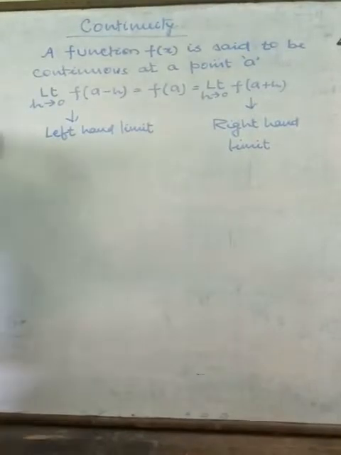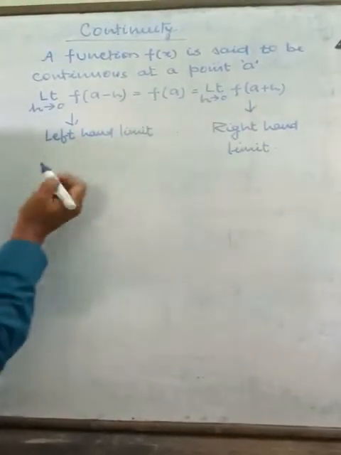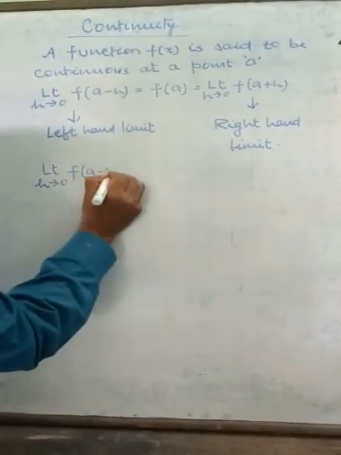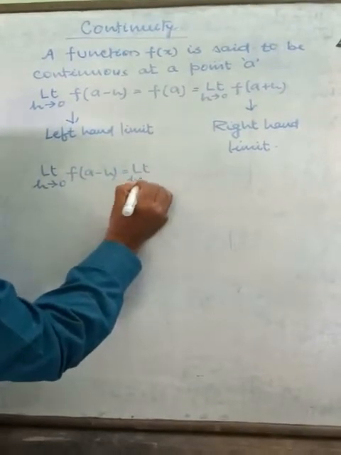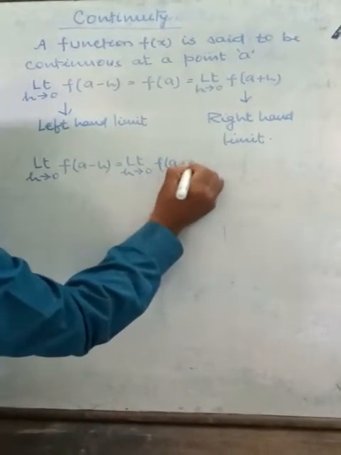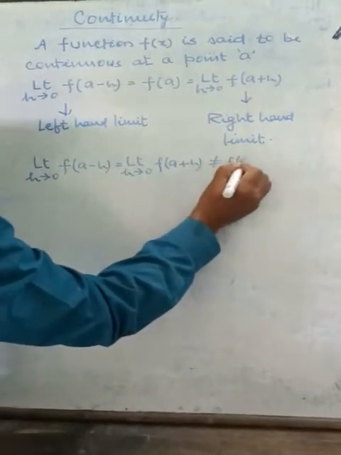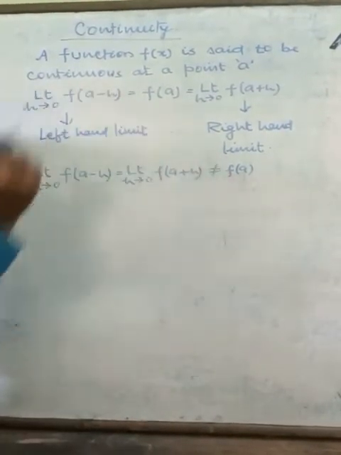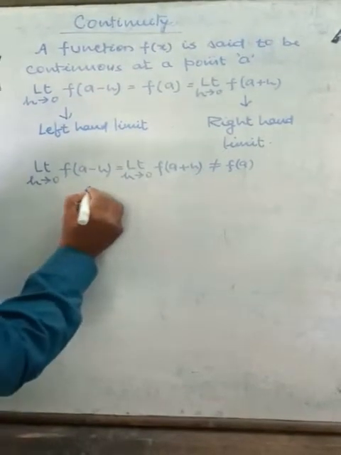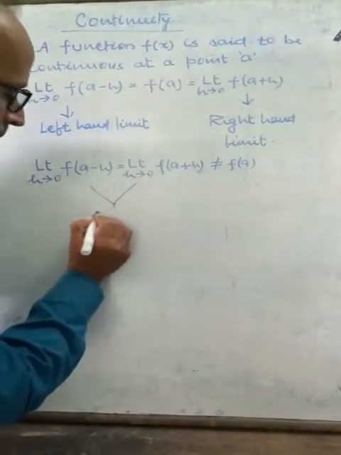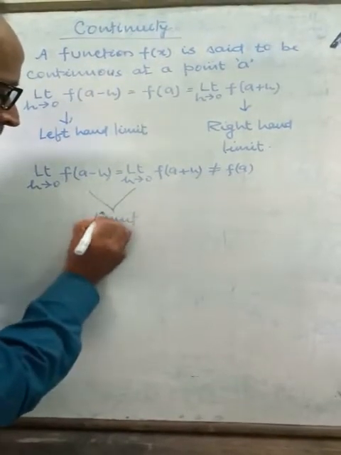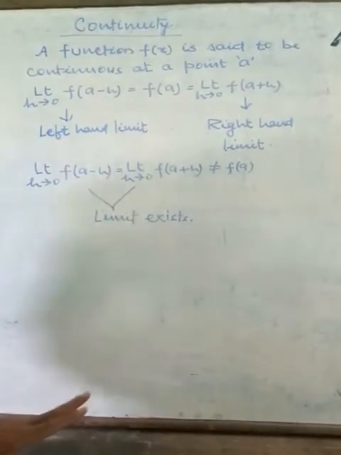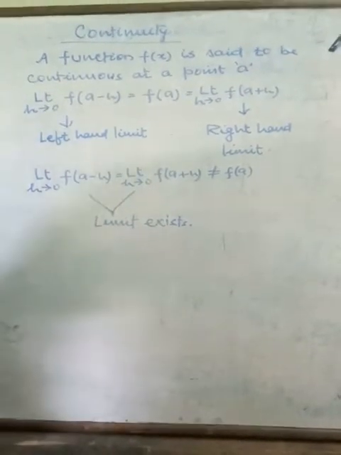But if both limits are equal, limit h tending to 0, f(a minus h) equals limit h tending to 0, f(a plus h), but not equal to f(a), in that case, we say that this function is not continuous, that means discontinuous, although these two limits exist.